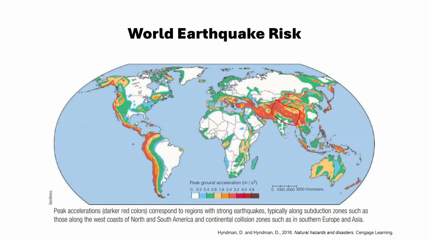And if you look at the southern part of India, like Kerala, Karnataka, Maharashtra, those areas, you can see it's like green to, this area is completely white. So you can see how less prone this area is, and compared to that, how highly prone these areas are to the earthquake.